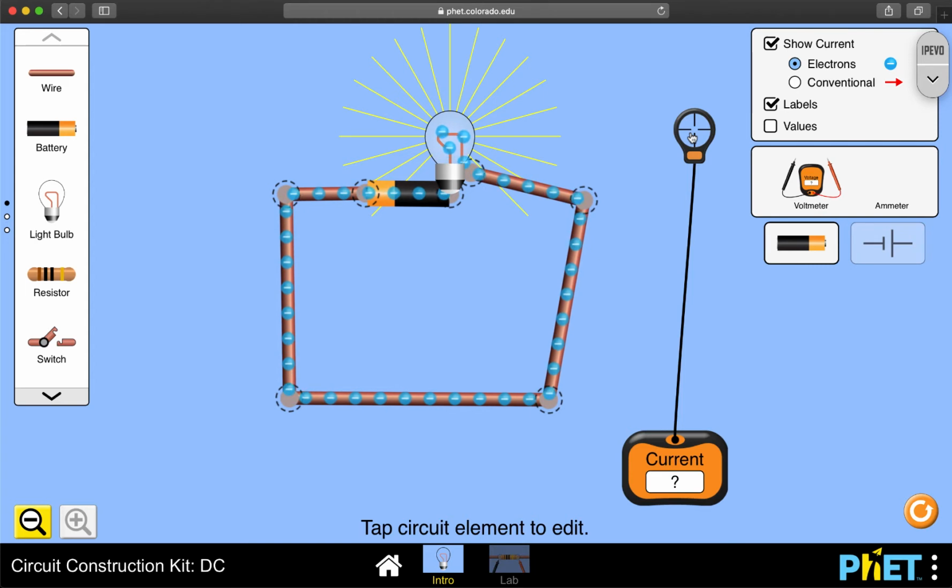That does make sense because I can see that the electrons are continually flowing everywhere, and they never accumulate, let's say, in the corner or here or here. At the end of the day, current is charge per unit time.